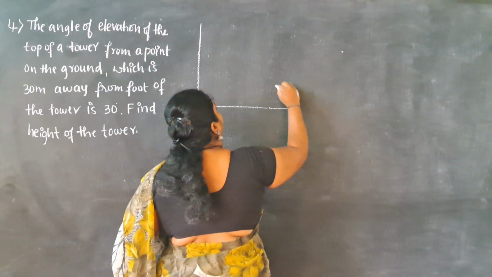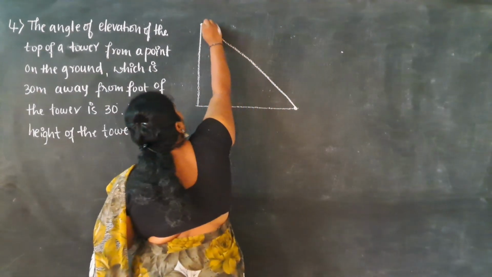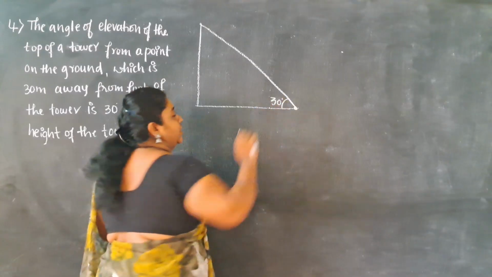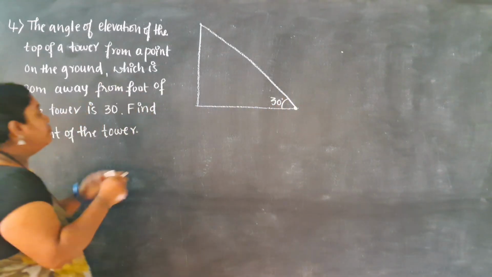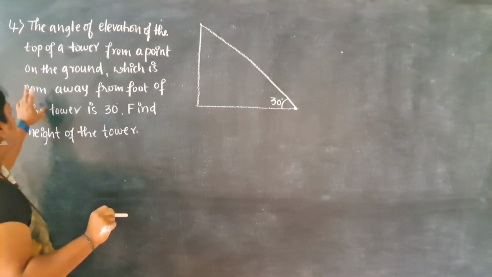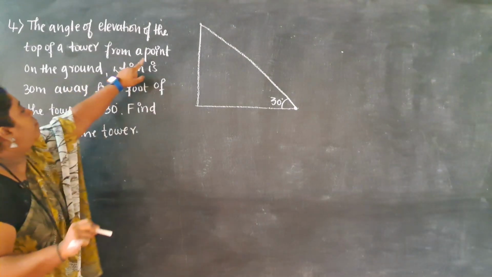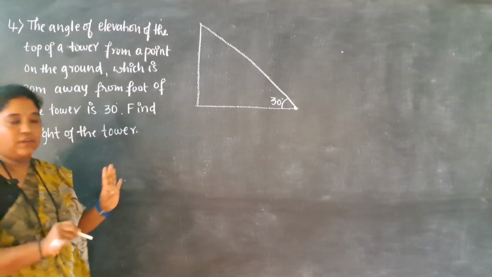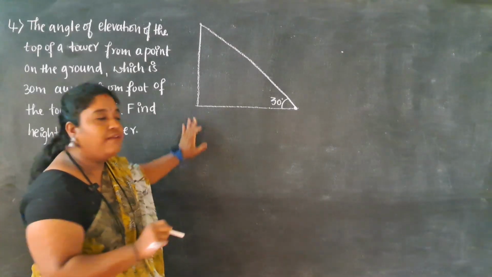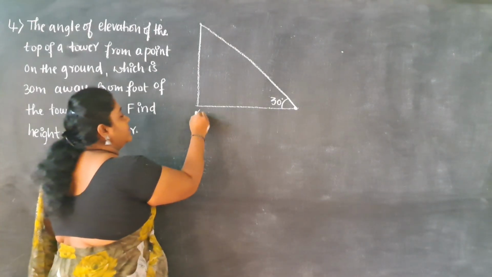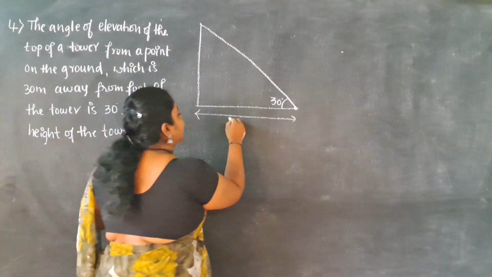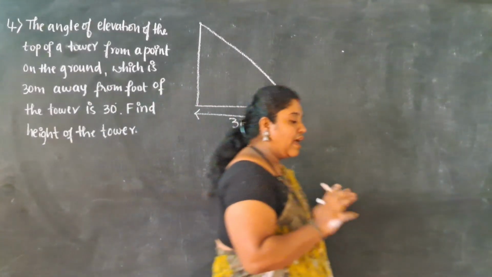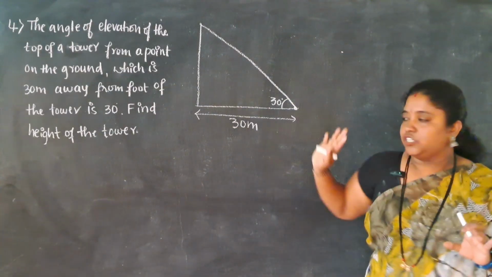And one more piece of information is also provided: the point is 30 meter away from the foot of the tower. Suppose this is the foot of the tower, the point of consideration would be 30 meter away from the foot of the tower. This is the diagrammatical representation of the question.